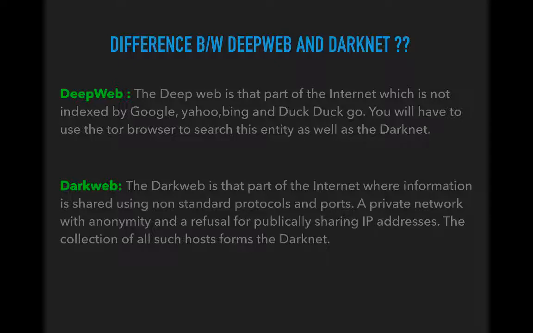Whenever you search on Google, you can't find the database of any government. These databases are stored on the deep web, and they can't be accessed using our search engine. Search engines only index some part of the internet.